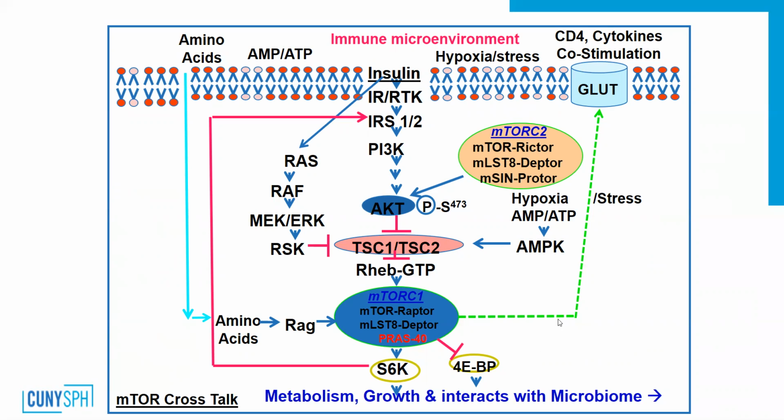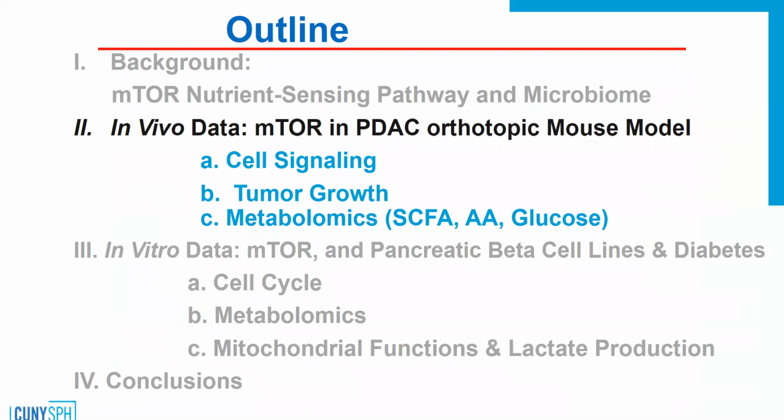So given that it's a pathway that's involved in nutrient signaling, and there is crosstalk between mTORC1 and mTORC2, as well as other crosstalk with other pathways that are involved in metabolism, and it's also important in the immune response, we set about to investigate the mTOR in metabolism and the microbiome.